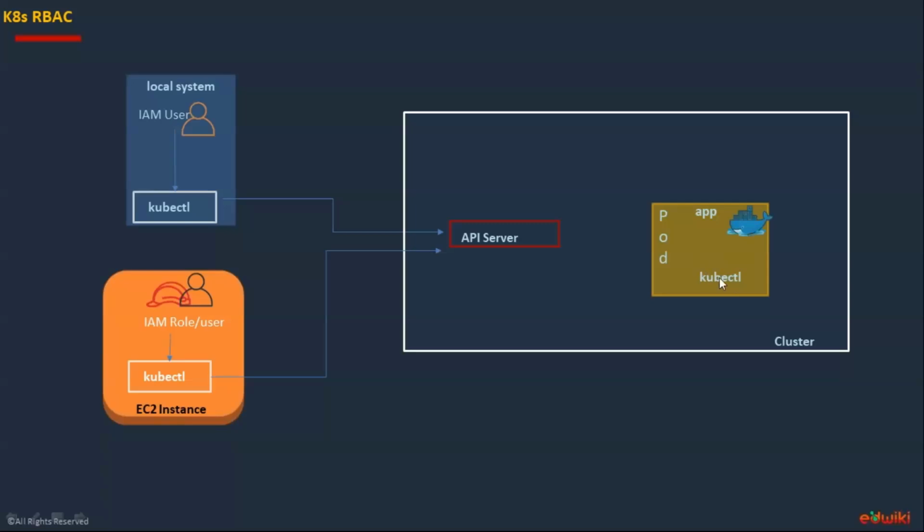So the way I grant the permissions to run the kubectl client inside a pod will completely differ. When the kubectl client is running inside a pod, inside Kubernetes itself, then I don't need to give the API server the certificate or kubeconfig file, all these things are not needed.